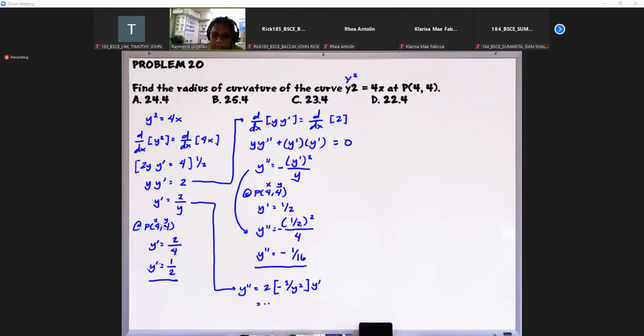So this will be negative 2 times y prime, which is 1/2, divided by y squared. Our y is 4, so this is 4 squared. Cancel the 2 here, so this is equal to negative 1 over 16 still. The same result comes out for y prime prime. So there are two possible ways to solve for y prime prime.